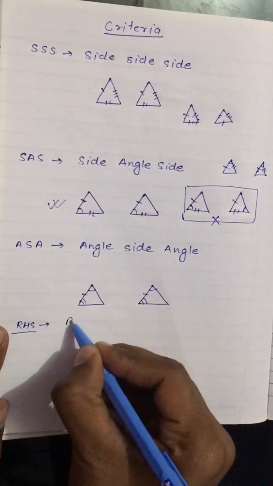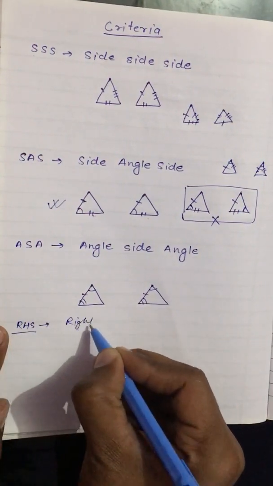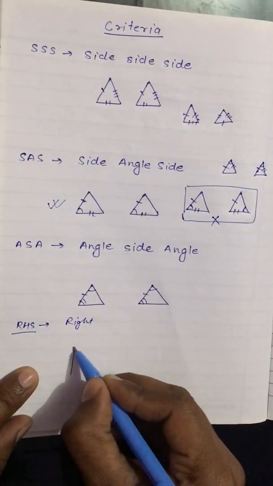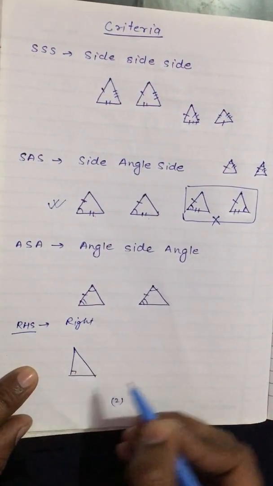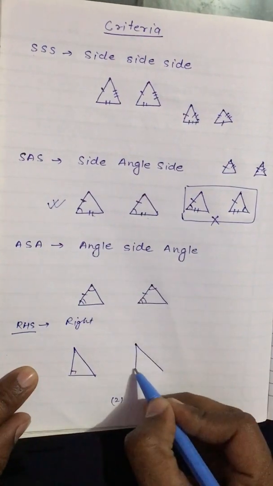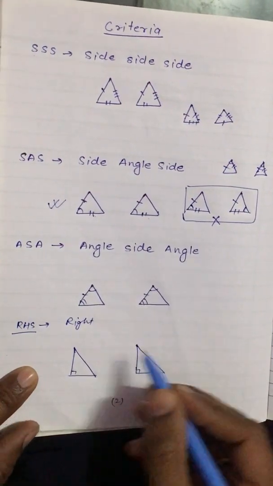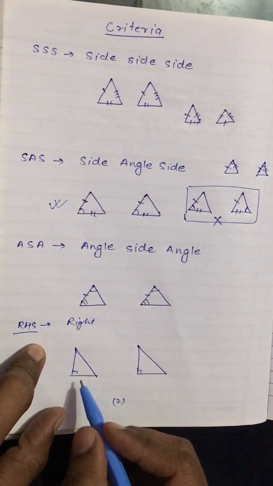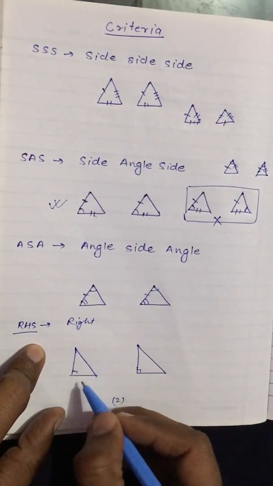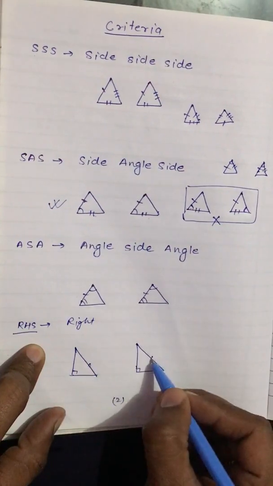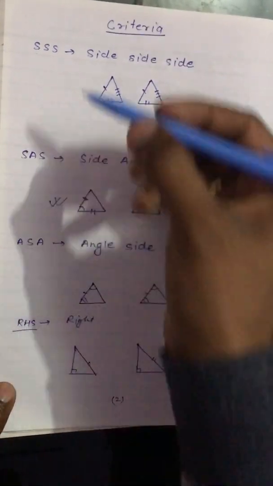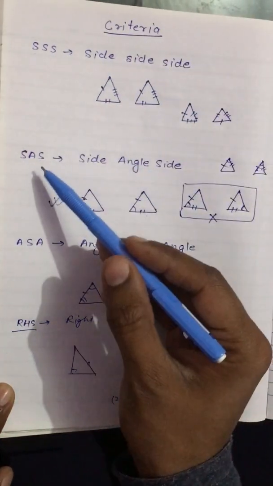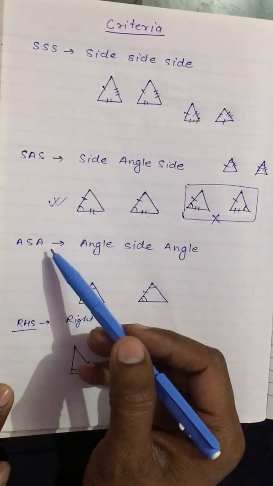RHS, we know that right hand side, or right angle, right? It means it needs to be like this. One angle needs to be 90 degree and other sides will be equal for sure because it's 90 degree. Understand? So right angle, hypotenuse need to be equal. Basically we talk about three criteria: side, side, side; side, angle, side; angle, side, angle.